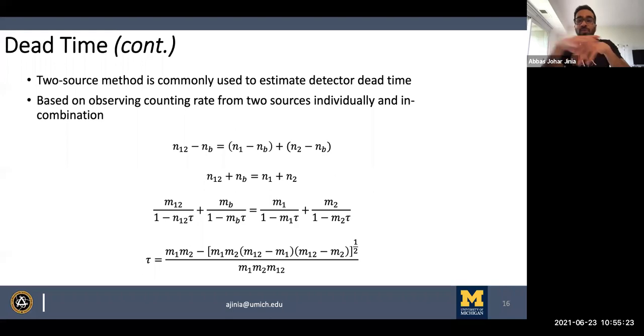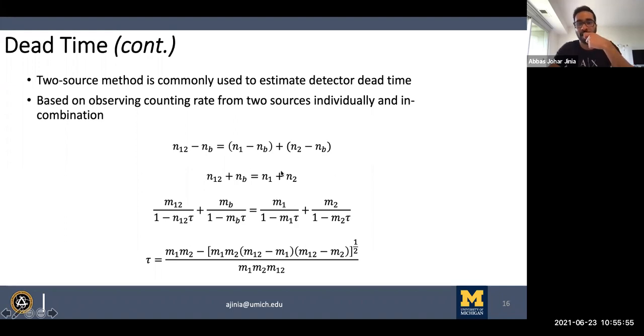Now, all these measurements will have some amount of background radiation. So the total count rate that we get from the detector is the radiation emitted plus some background radiation. When both sources are measured together, N12 will be the sum of the two count rates, N1 and N2.